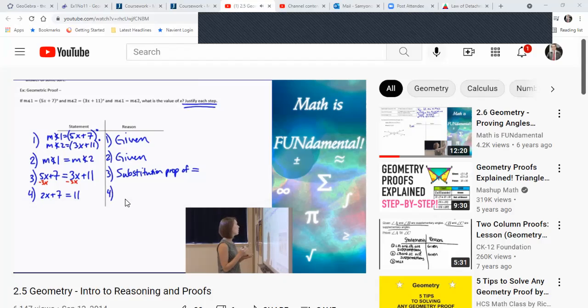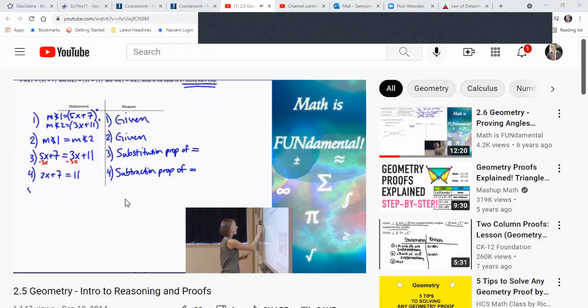So here we want to think, okay, how did I get from 3 to 4? Well, I subtracted 3x from both sides. Subtracting something on both sides is our subtraction property of equality. So that's how I would justify that step. All right, next step, we're going to do kind of the same thing. I'm going to subtract 7 on both sides.